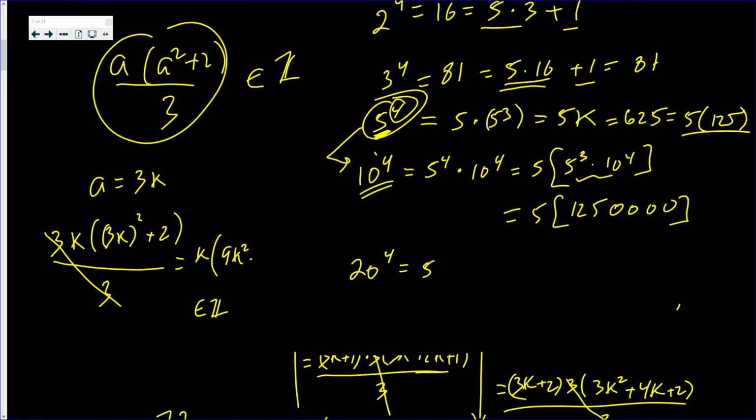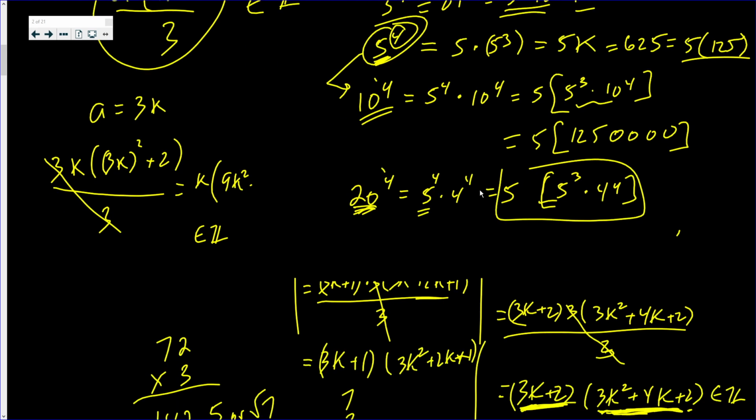Well, this is 5 times 4. That's 20 to the 4th power. As long as 5 goes into this number, it's going to work. Because I factor out one of the 5s, not 5 cubed. I'll have 5 cubed times 4 to the 4th. So this here is a multiple of 5.